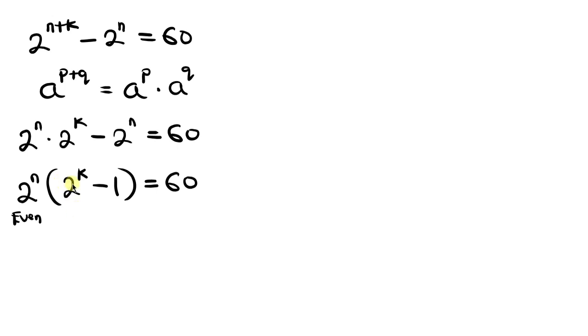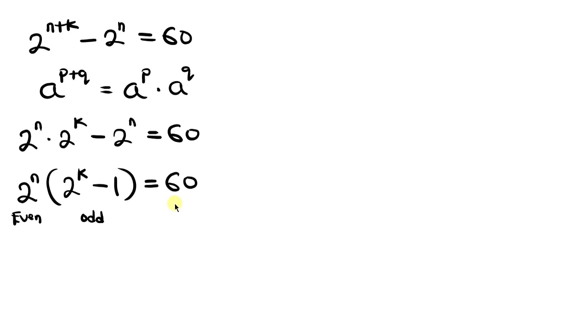Remember, 2 to the k is even, because when you raise 2 to any number, you get an even number. But when you subtract 1 from an even number, you get odd. That means this value here is odd. So we have 2 factors, of which one is even and the other is odd.